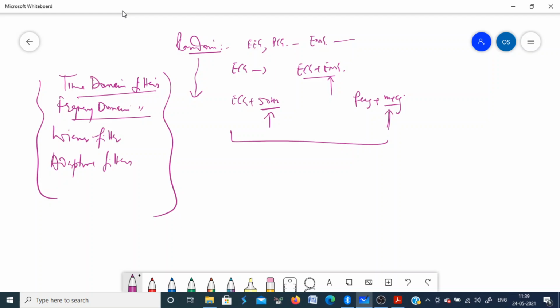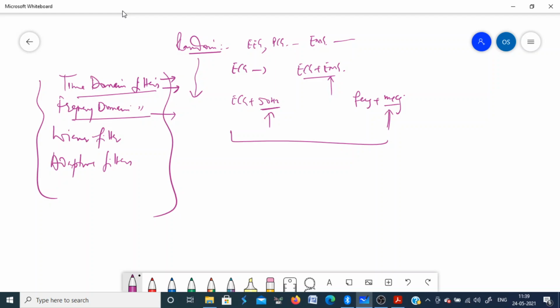Although we calculate the frequency response at a later stage just to see how it behaves in the frequency domain, the operation is applied in time only. So synchronized averaging and moving average filters fall under this category, time domain filters. In the frequency domain filters, we start directly from the frequency response. Your Butterworth filters and Chebyshev filters fall in this category, frequency domain.